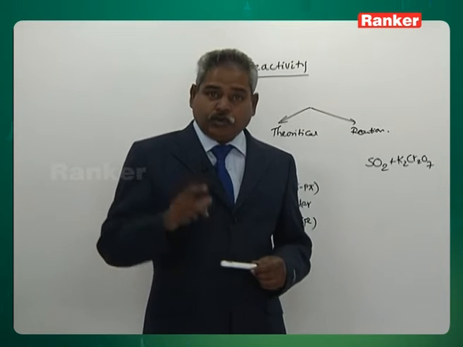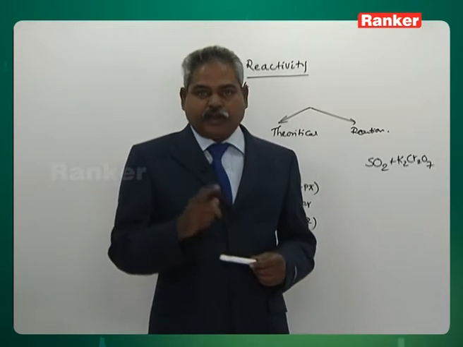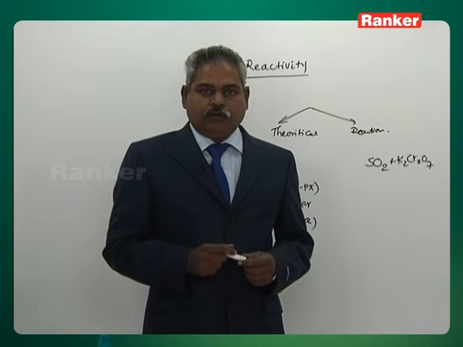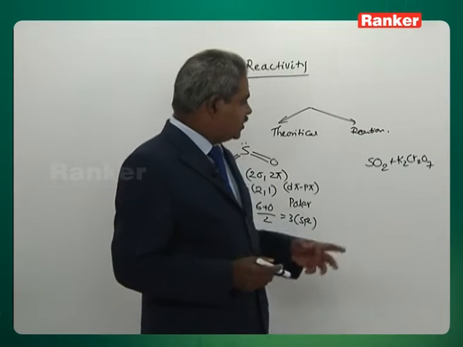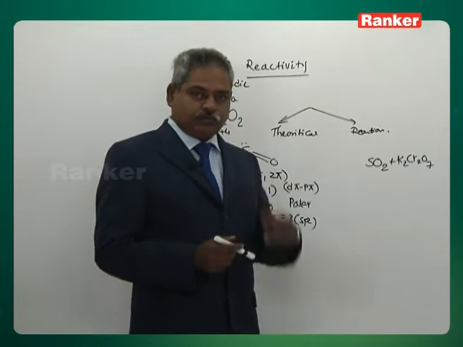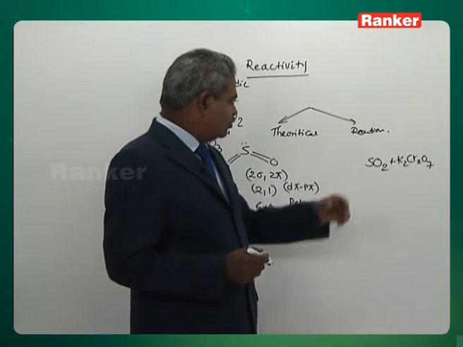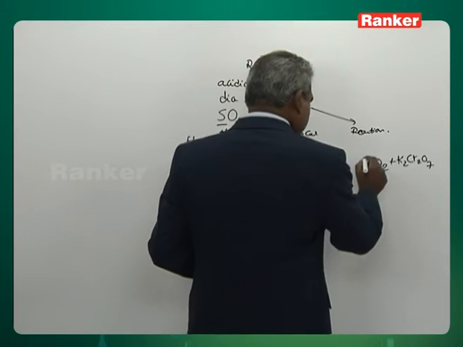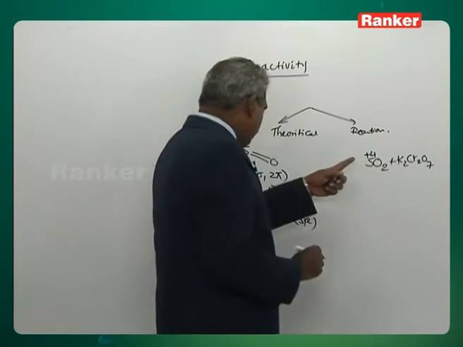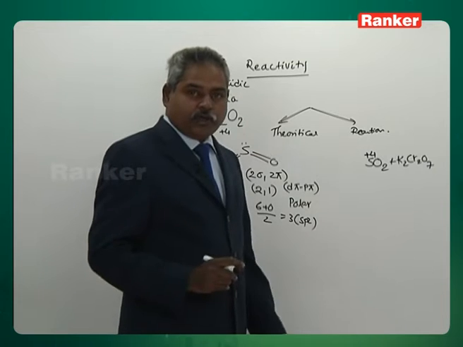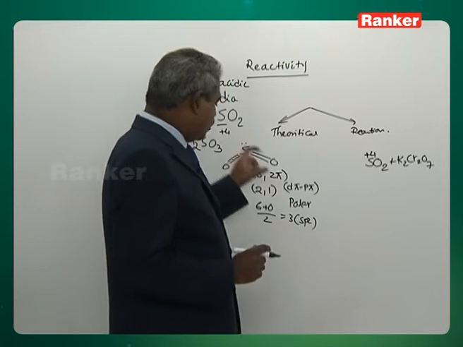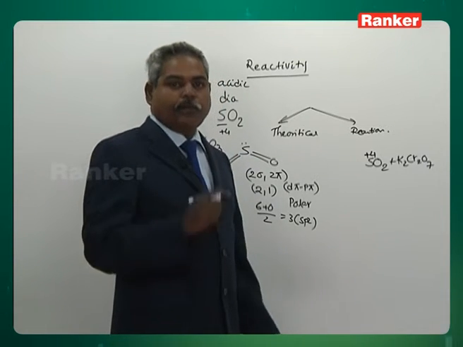We can only know the mentality of an element, the mentality of a compound, why compounds and elements react the way they do. So SO2, you have sulfur in its plus 4 oxidation state, and you already know there is a lone pair which will cause repulsion to the bond pairs.